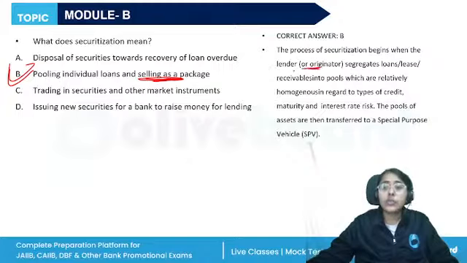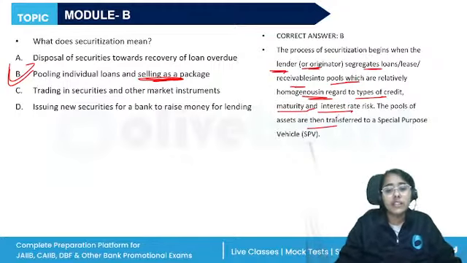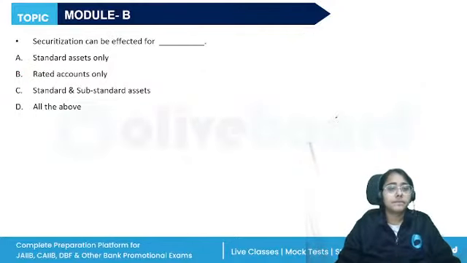The originator, who is the lender, segregates the loans, leases, or receivables into a pool which are of homogeneous nature in respect of the type of credit, maturity, and interest rate, and these are transferred to the special purpose vehicle, which can be any company or a trust constituted for carrying out the activities of securitization, and they're sponsored by a sponsor, which means a person who establishes or promotes a SPV.